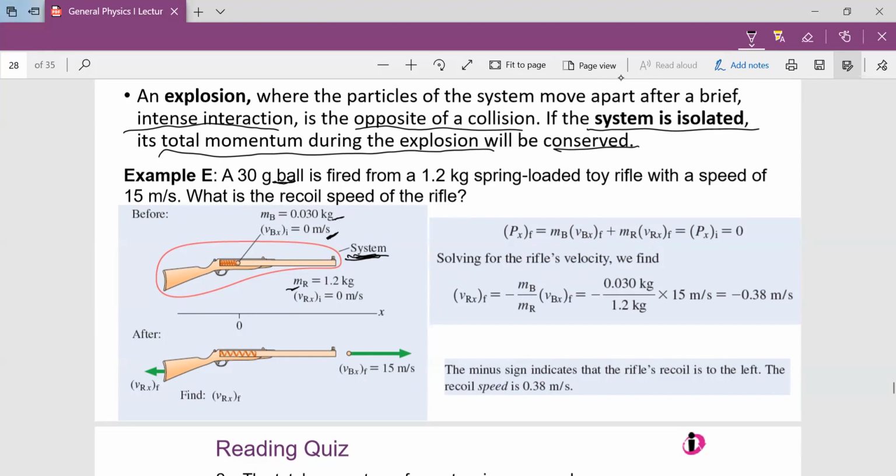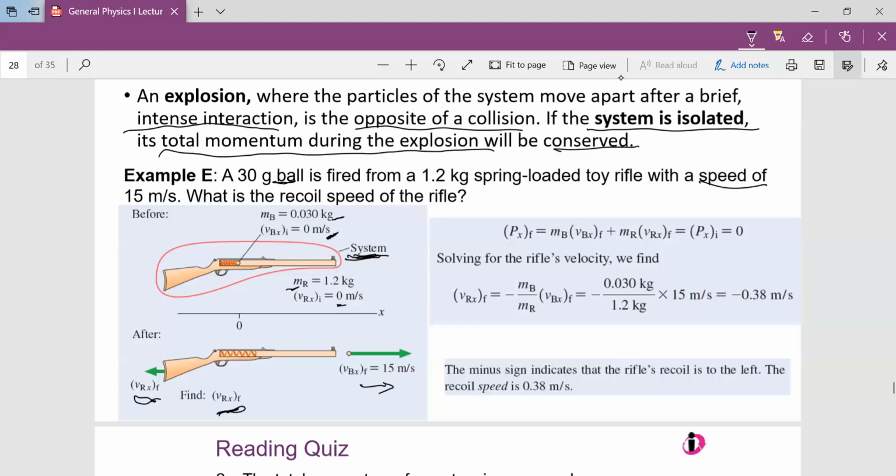The velocity of the ball is 0 initially. The velocity of the rifle is 0 initially. But after it was fired, there was a recoil on the rifle, and the ball also moved at the velocity given in the question. And the question is asking for the rifle's recoil speed, which is the final speed of the rifle.